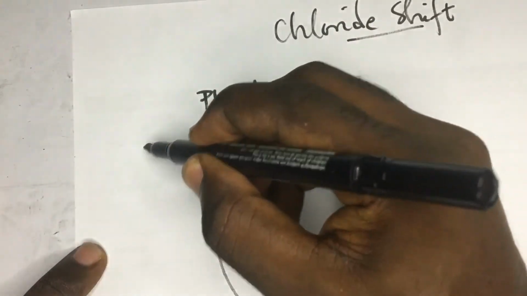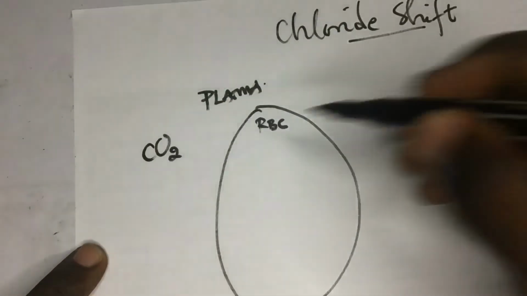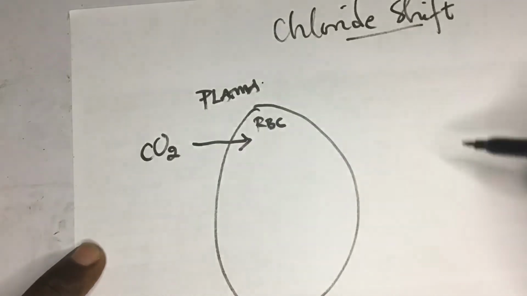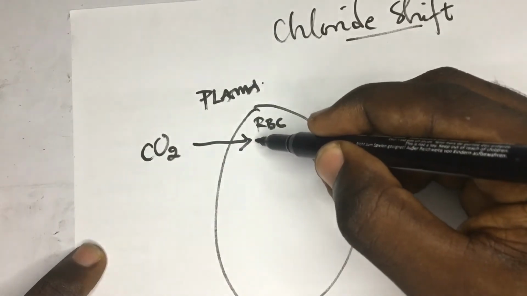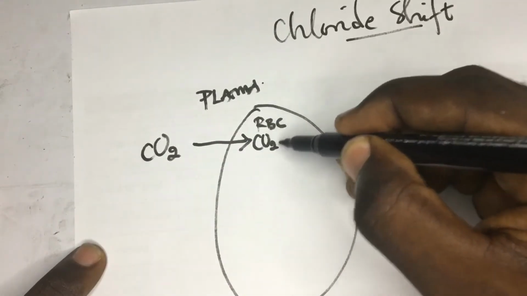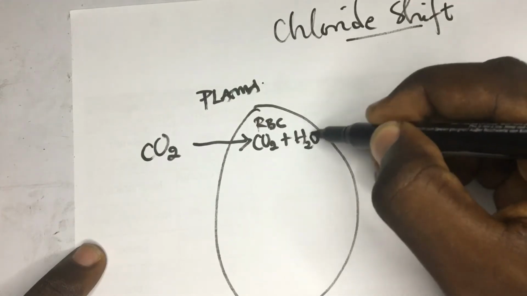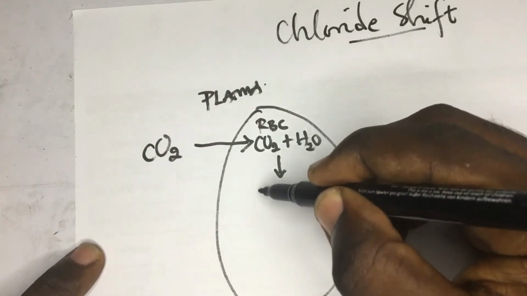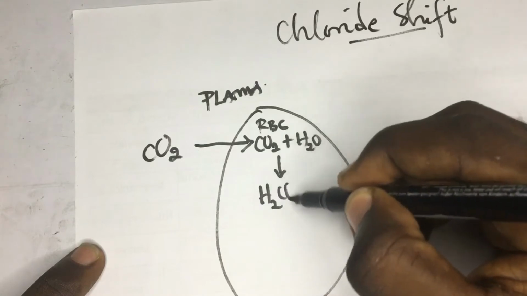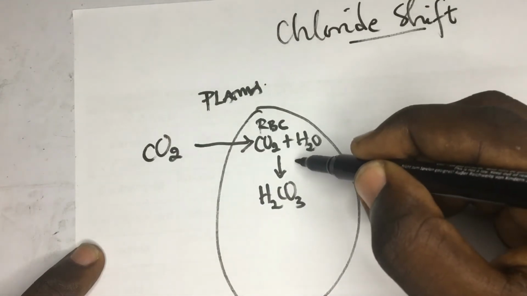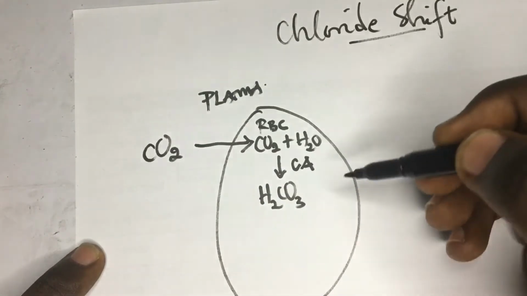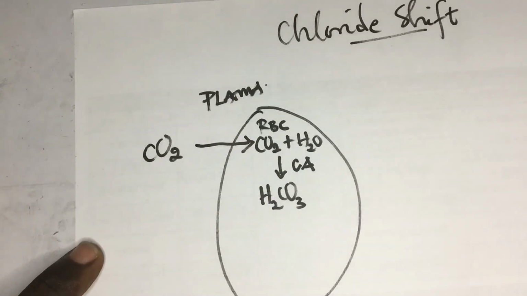Now the carbon dioxide from the tissues diffuses into the red blood cells, and it combines with water. So you are going to have carbon dioxide combining with water to give us carbonic acid, which is catalyzed by the enzyme carbonic anhydrase, which is the fastest enzyme in the body.